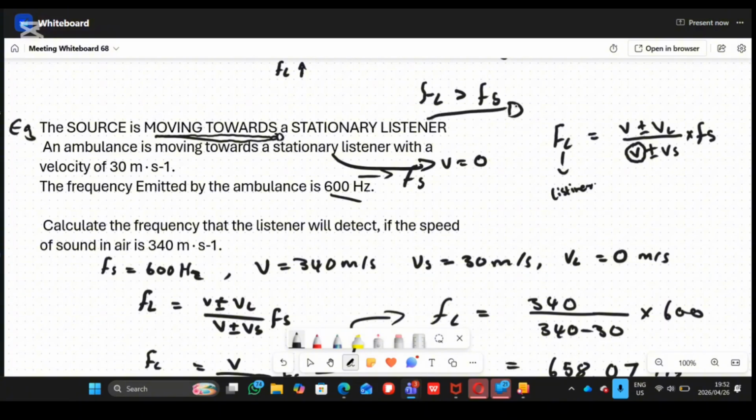These conclusions can help you when you are calculating, because in our calculation we got a value which is 658, and that value is greater than 600, which is the emitted frequency there.